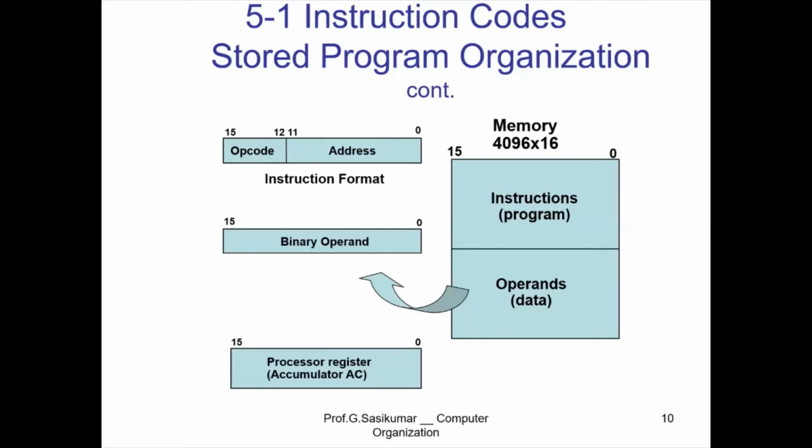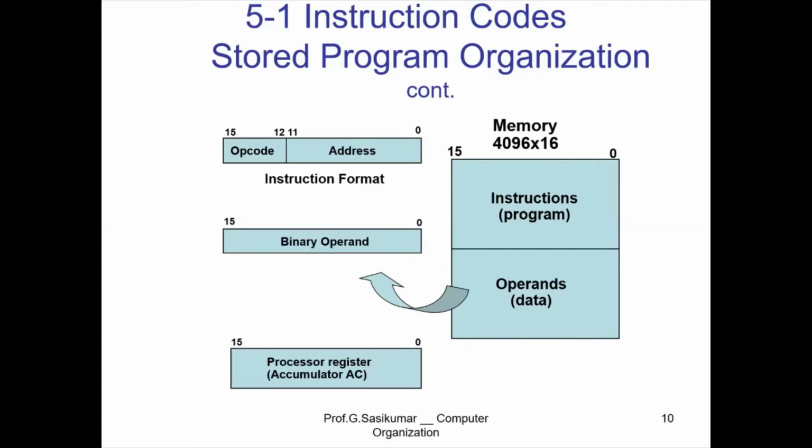So that will be controlled by the processor register, the accumulator. The accumulator has instruction, data, opcode, address. So there are two parts in the accumulator. Without the accumulator, you cannot control the processor. To control the processor, we need the accumulator.